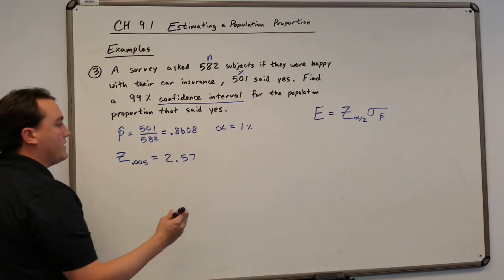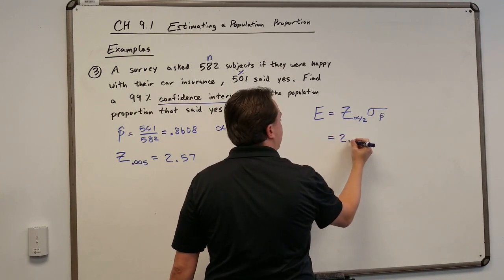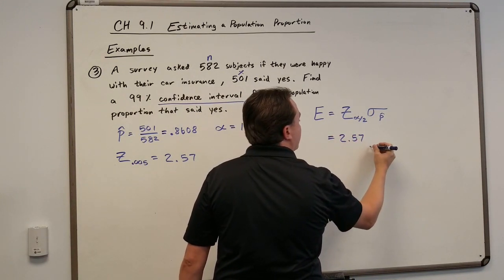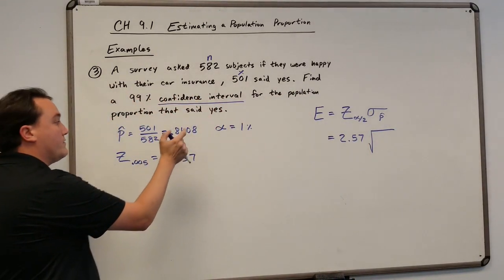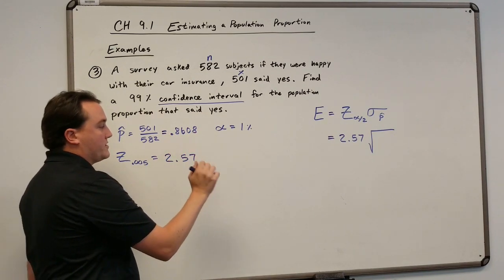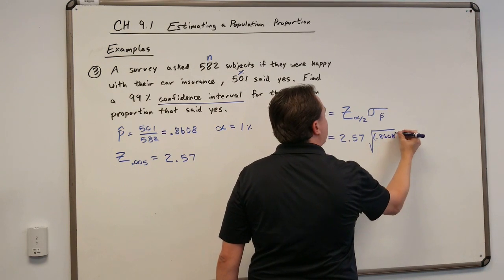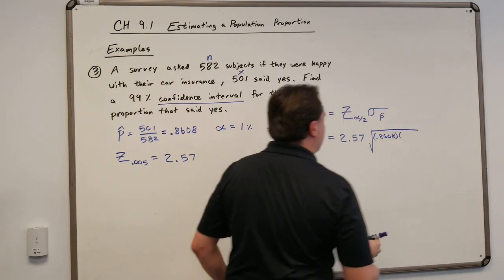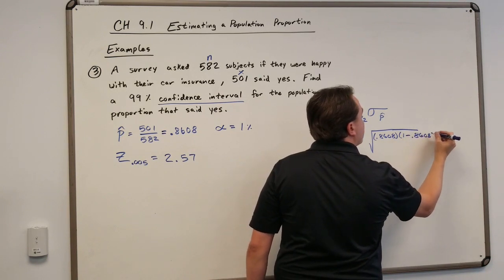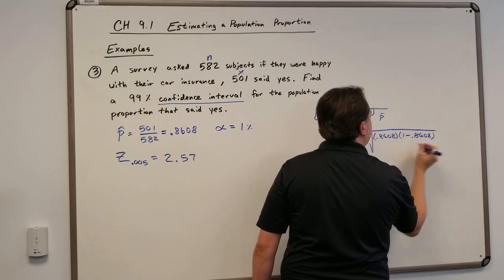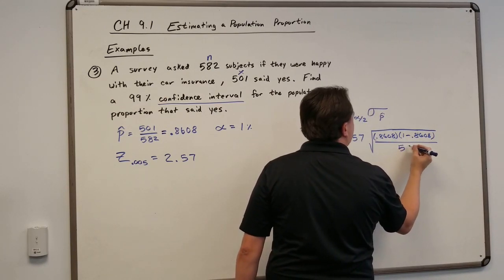Okay, so we have E equals Z, which is 2.57, times the standard deviation, which is, remember, the square root of our success, or people that said yes, percentage, 0.8608 times 1 minus that, divided by the population, which is 582.